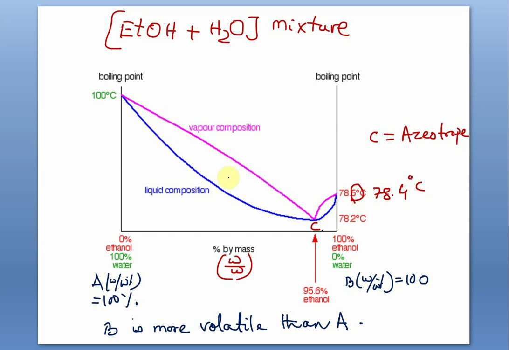So when you take any composition to the left, you go in this manner, the distillate goes in this manner, finally reaching C. At C, nothing will happen. And conversely, the residue will be giving pure ethanol. Water. This is the water. A is water. Pure water.